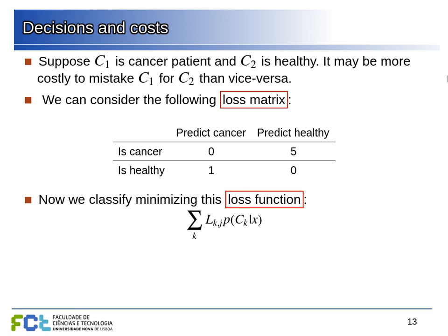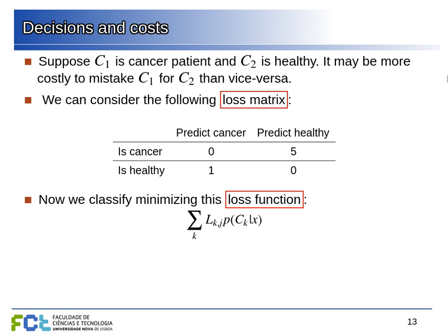So we can have this loss matrix which gives us 0 if we make no mistakes, but if we make mistakes it can give us different costs depending on the kind of mistake that we make. And now instead of just minimizing the probability of making mistakes, we want to minimize this loss function, so the cost of making these errors.